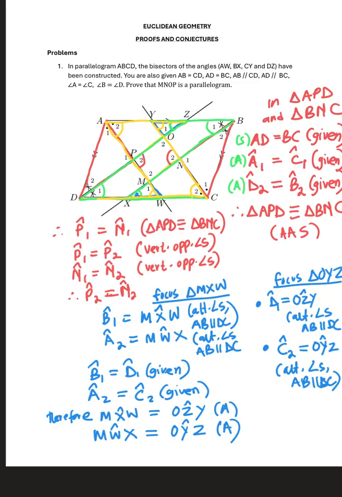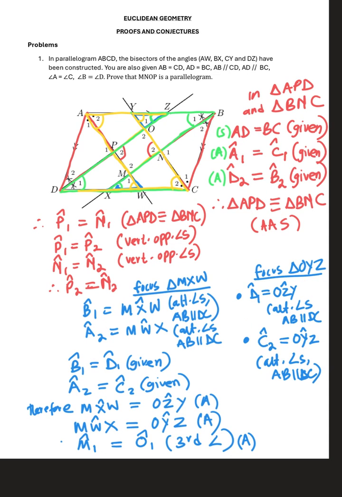This is the rule that you must remember: if two triangles have two angles that are the same, the third angle is going to be the same. So therefore it means angle M1 is equal to angle O1. The reason here will be third angle. And because we have proved that these triangles have the same angles, it means these triangles are similar.